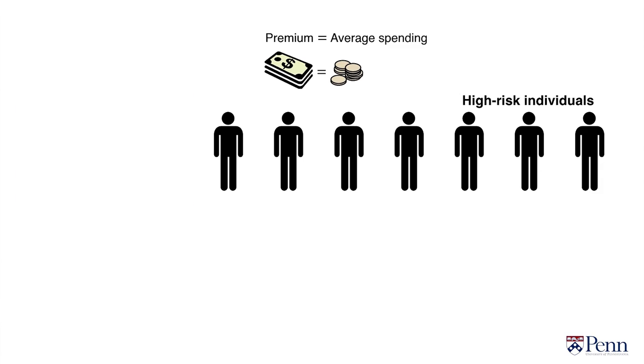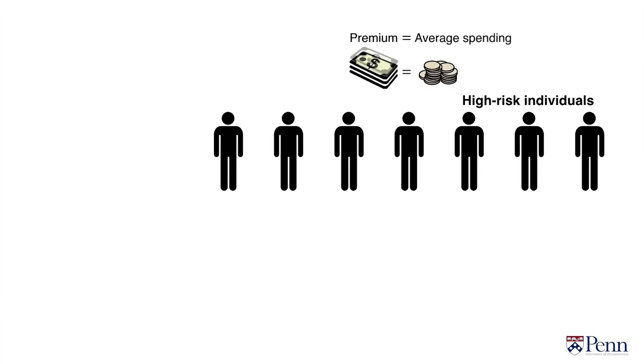If they leave the market for insurance, individuals left in the pool will have higher average expected spending, and the insurer will have to raise the premium. The increase in premium may now lead the lowest risk individuals left in the pool to exit the insurance market.